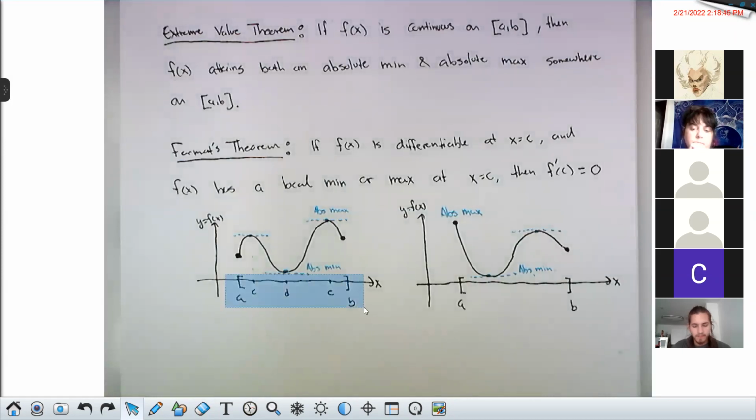These theorems tell us all the possible x values where they could happen, and you can determine which is your absolute max and which is your absolute min by plugging those x values into the original function and comparing the y values.